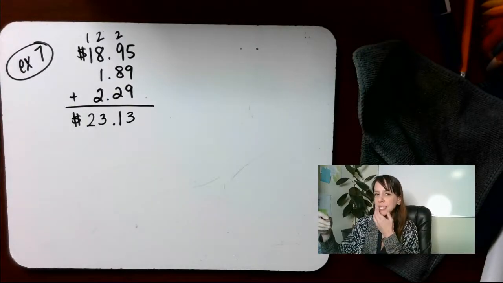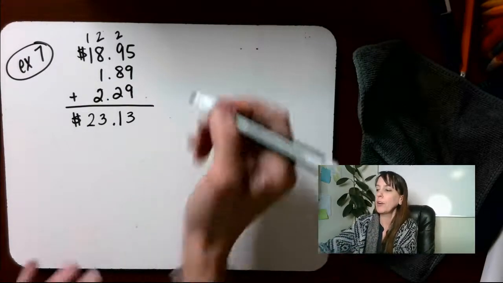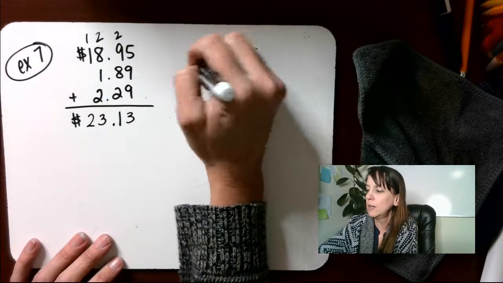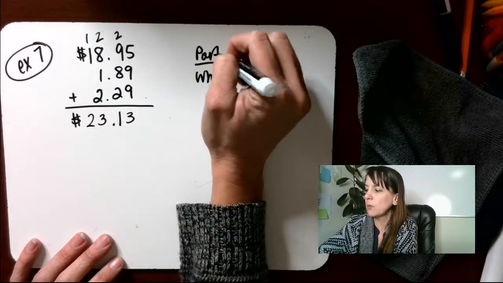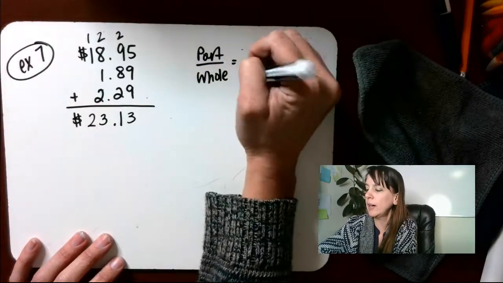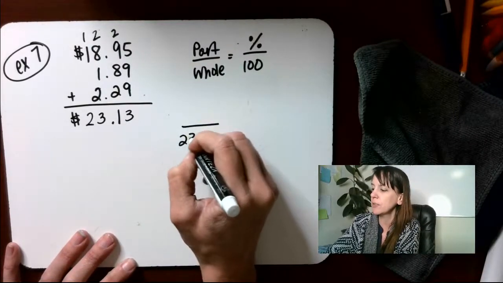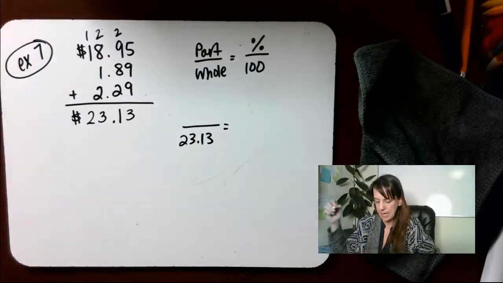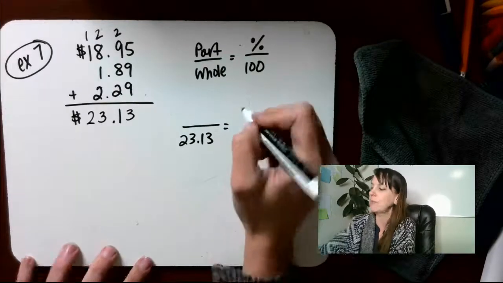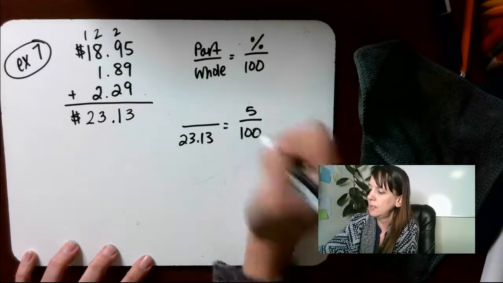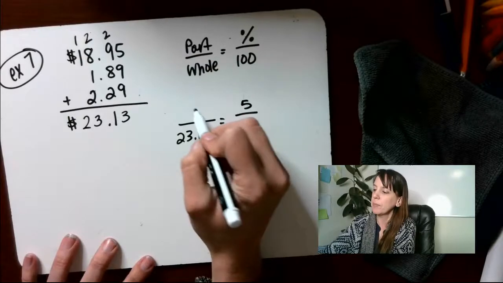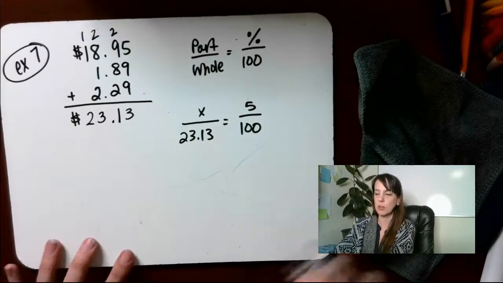Now, when dealing with sales tax, again, we want to do part over whole equals percent over 100. So the whole amount is this. So we're going to do 23.13 equals, and the sales tax is 5% over 100. We're going to put an X here because that's going to tell us our sales tax amount.